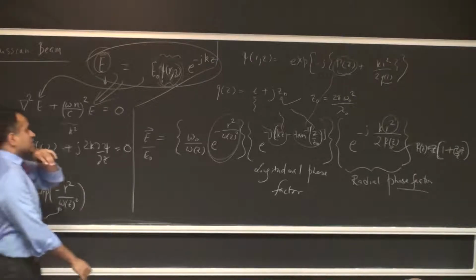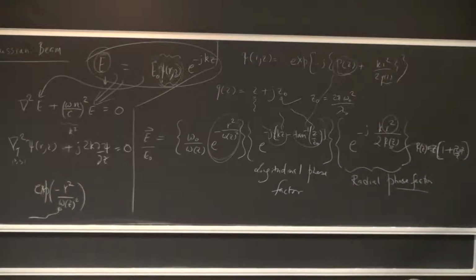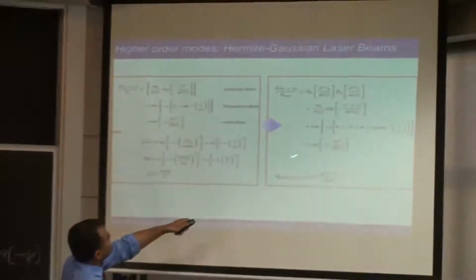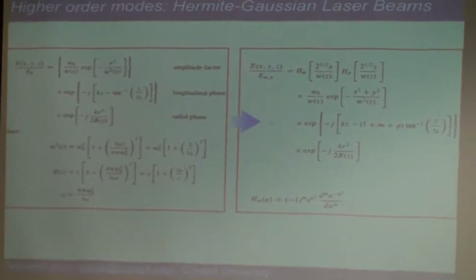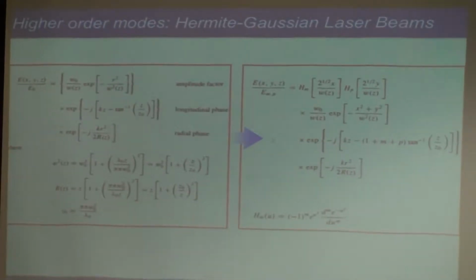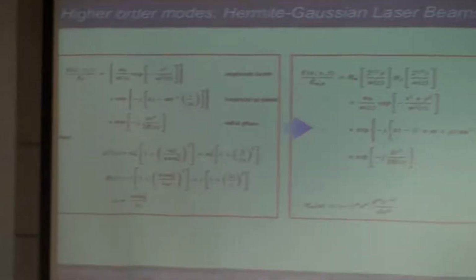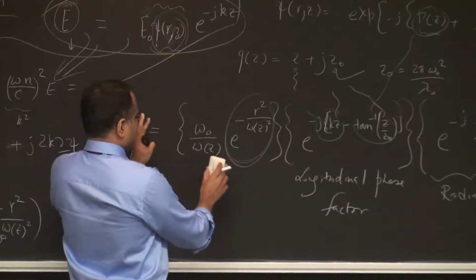So this is essentially what we just wrote down, the whole Gaussian beam, and this is now called a Hermite-Gaussian beam, which is a more generalized form of it. And what is the change? The change is really two things in this whole expression. Only two things change, and let me write those things down first.